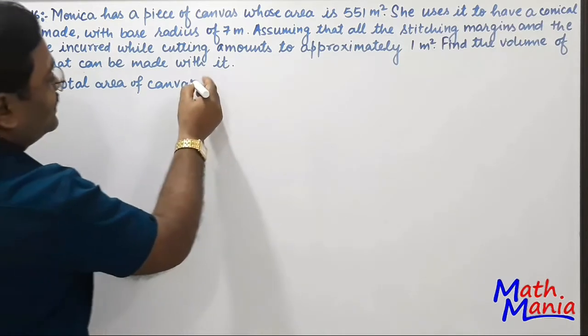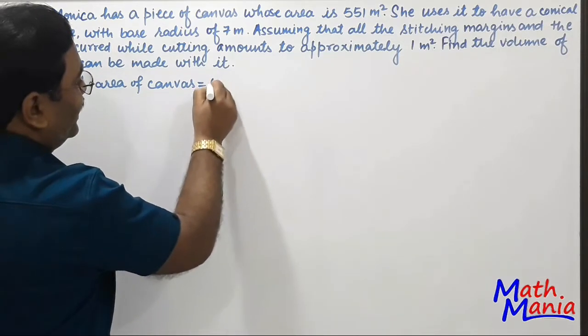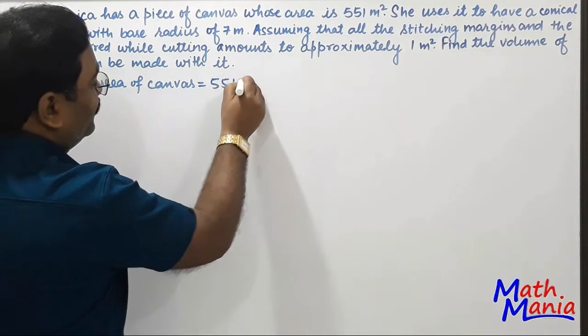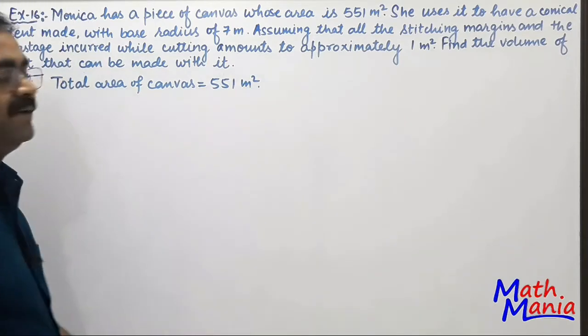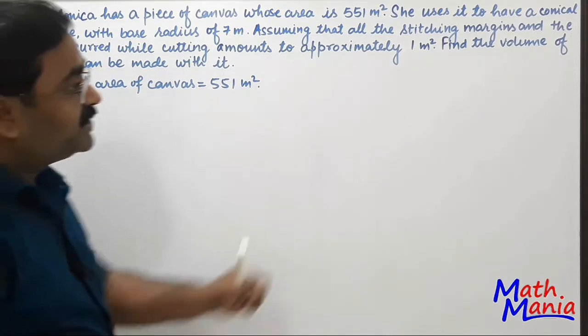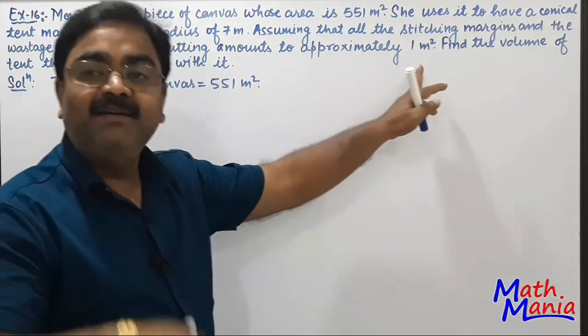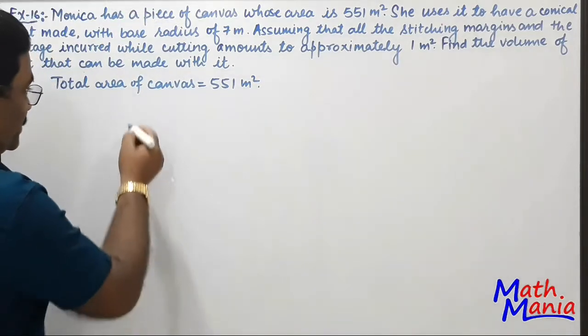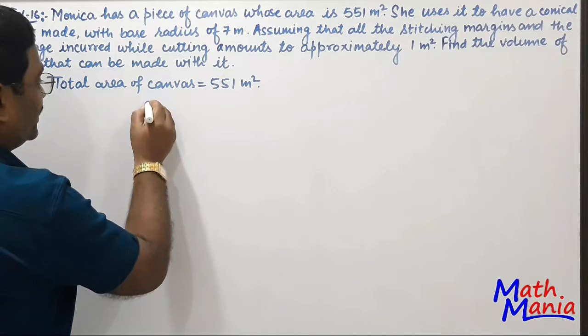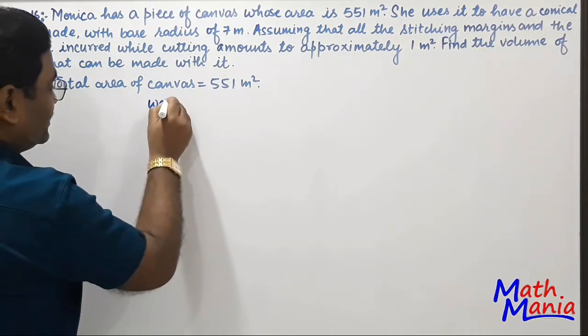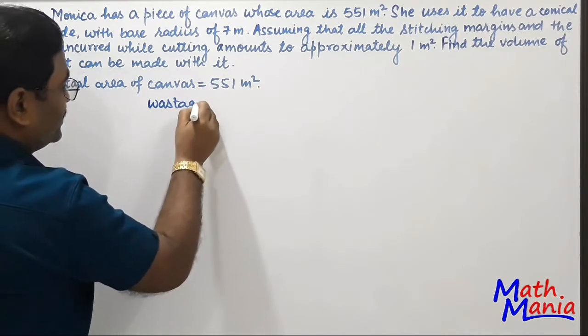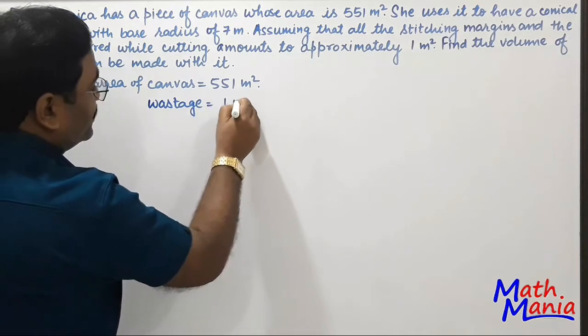Now 1 meter square is the wastage for the stitching as margins.